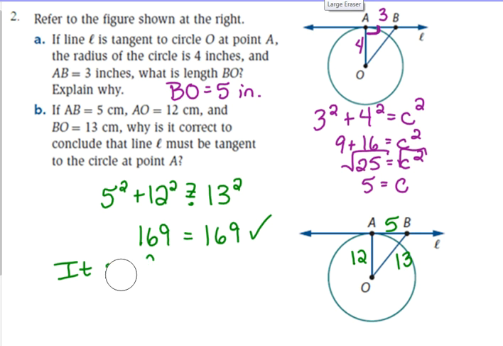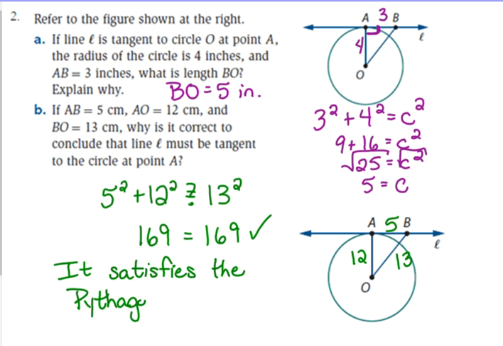Satisfies. There we go. It satisfies the Pythagorean theorem. Therefore, these 3 little dots in a triangle mean therefore, there's a right angle.